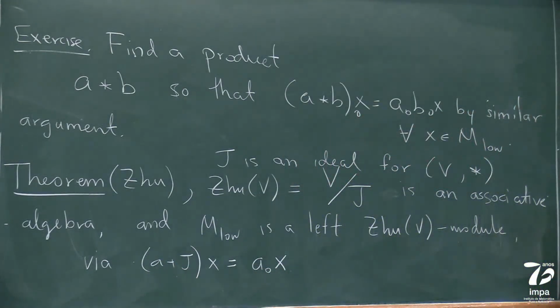So you have a way of getting modules over this associative algebra from positive energy modules over the vertex algebra.